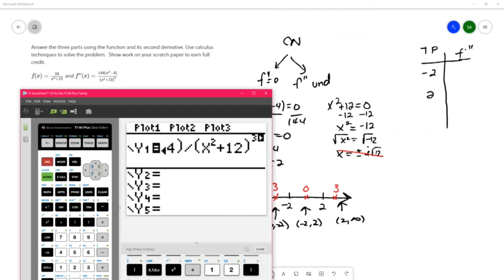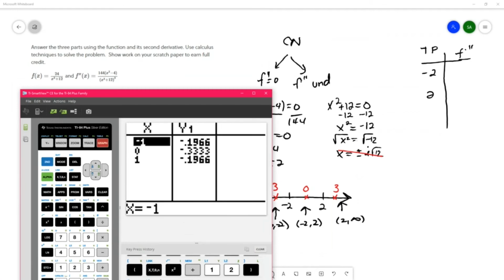I'll go to my table. I'm in ask mode. Let me clear out these, delete them.